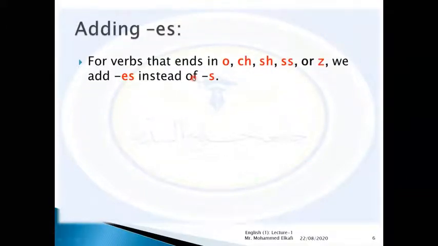Here we can say for the verbs that end in the letter O, or the letters CH or SH, and also S or double S, or even Z, if we find them at the end of the verb, we add ES instead of S. So we should not use S but ES if the end of the verb includes these letters: O, CH, SH, S or double S, and Z.